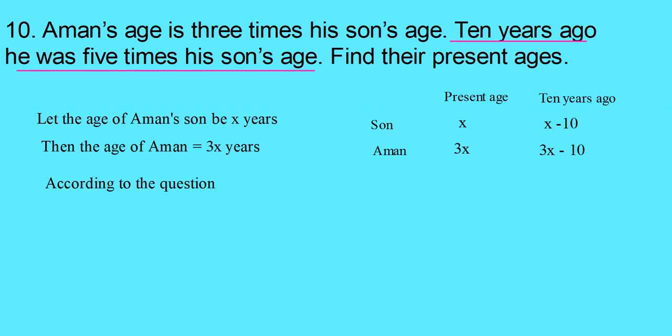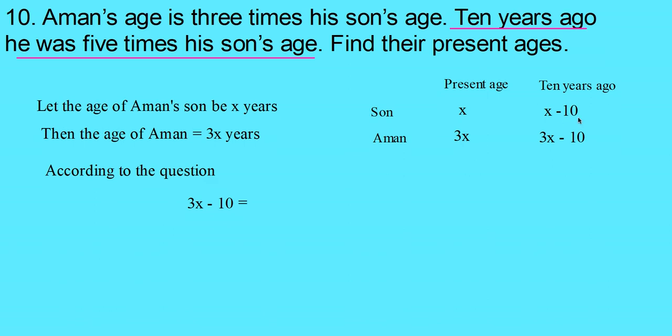So how do you write it? According to the question, 10 years ago Aman's age is equal to 3x minus 10. So we can write 3x minus 10 is equal to 5 times his son's age. 10 years ago his son's age was x minus 10. 5 times x minus 10 you can write as 5 into x minus 10.